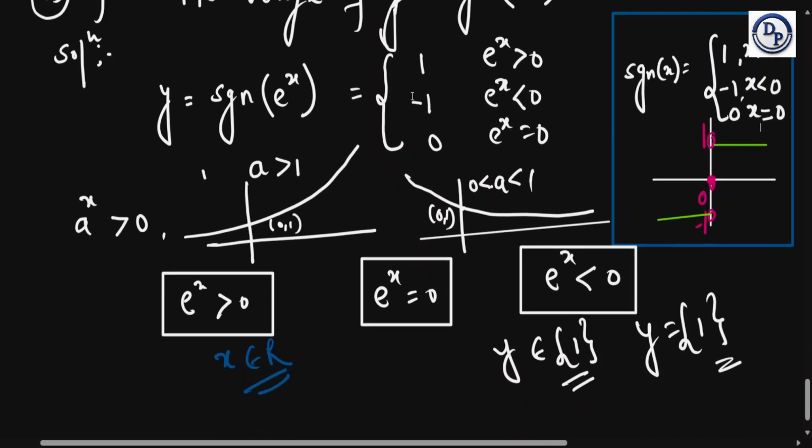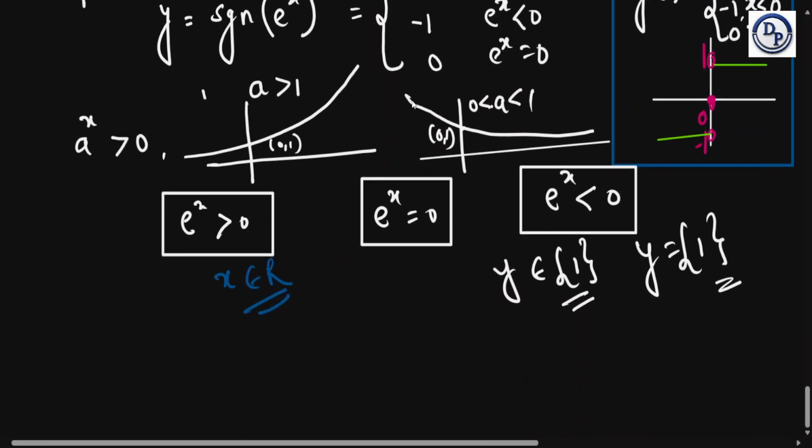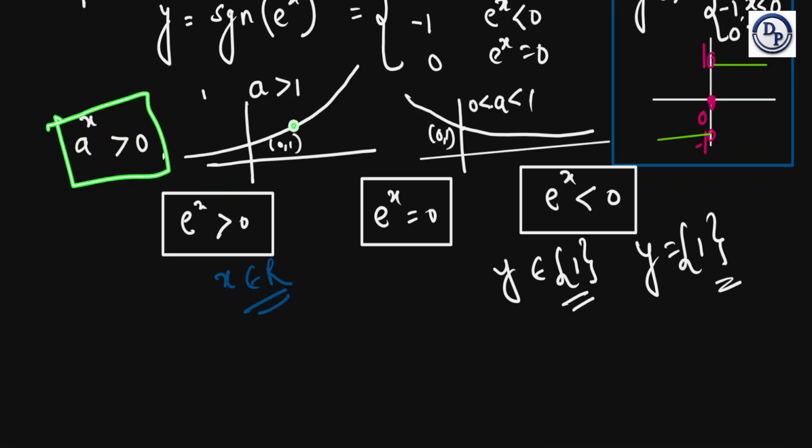Whereas if you talk about the exponential function, we know that it always gives us a positive value. We can see the graph when a is more than 1, and this graph never goes below the x-axis. It always lies above the x-axis. It does not even touch the x-axis, so it cannot take the value 0 either.